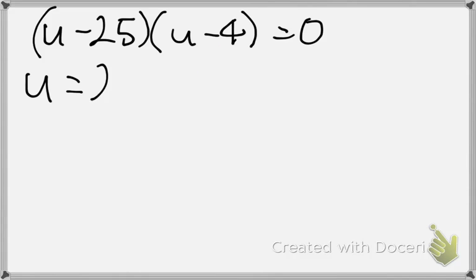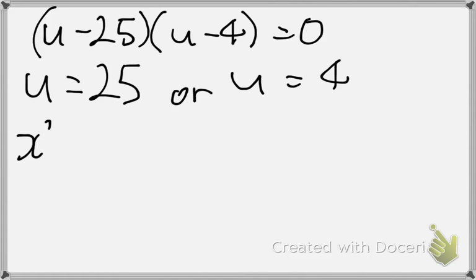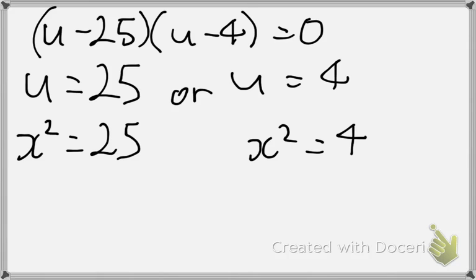Therefore, u equals 25 or u equals 4. But u wasn't what I was asked to find. Remember that u is equal to x squared. That means that x squared equals 25 or x squared equals 4.